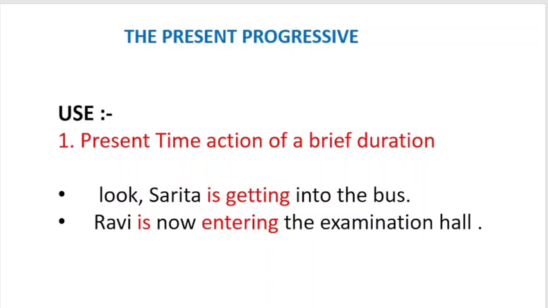The action takes place for a short period of time. Similarly, entering the examination hall does not take much time. So in this case we can use the present progressive form.